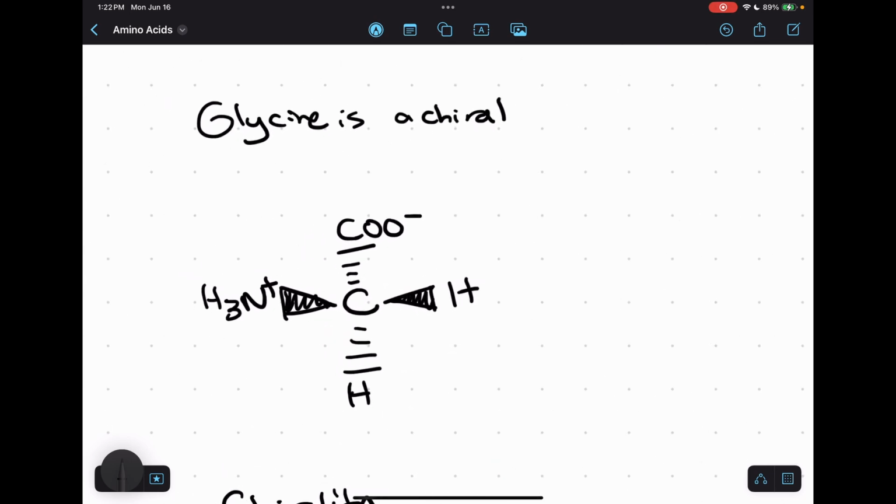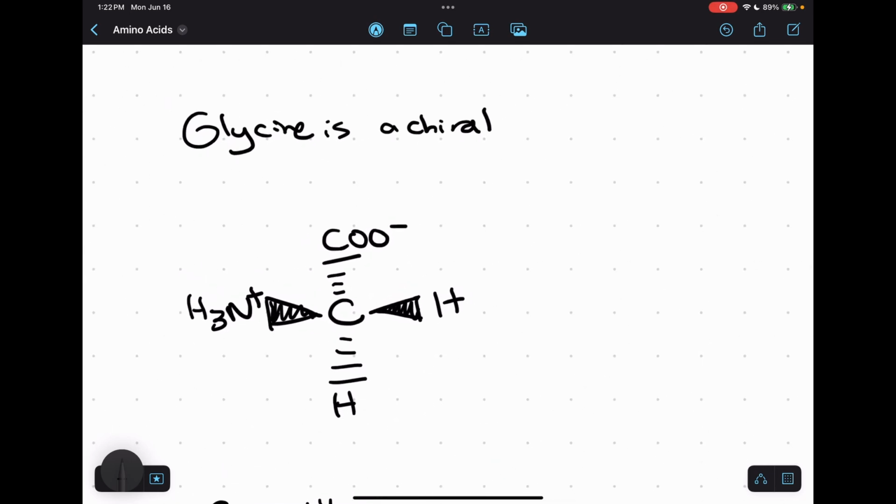Glycine is achiral because it is not chiral. And chirality refers to whether a molecule has something called a superimposable mirror image. What on earth does that mean? If we take a look at the glycine structure, we can see that there are several different structures. We have the alpha carbon right here.